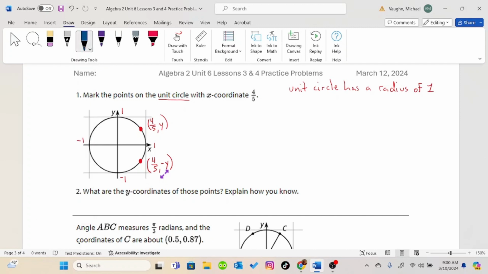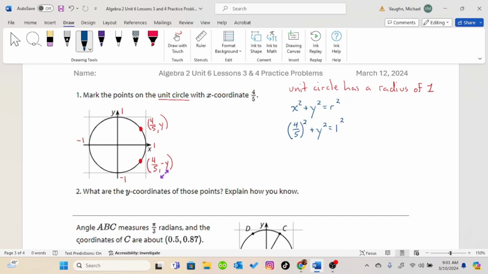Number 2. What are the y coordinates of those points, and explain how you know. If you remember, x squared plus y squared equals the radius squared. So if we use the information we know that we have an x value of 4/5, and we know we have a radius of 1.